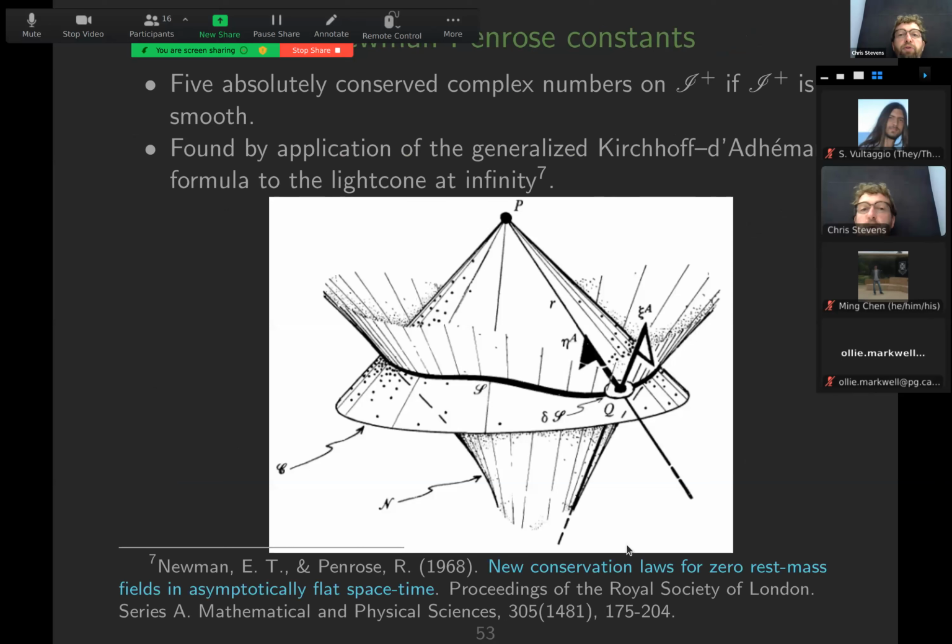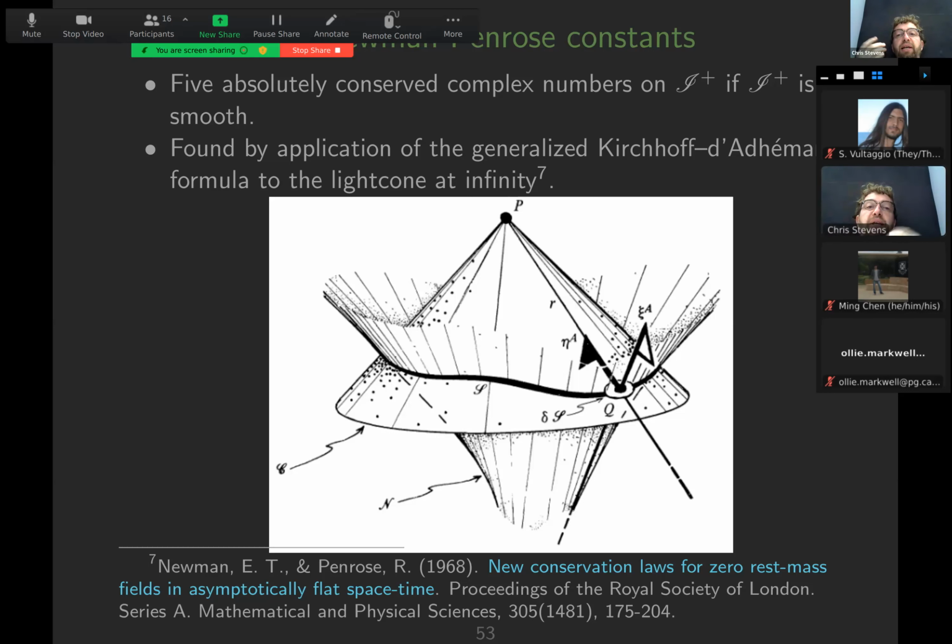The last thing I wanted to talk about was what Alex did, and apologies to Alex because I've got about a minute to explain what he did last year. But what's really cool is if you take a slice of null infinity, which is topologically a sphere, we won't have a unit sphere, we'll have, I like to say, a potato. It's going to be a wiggly sphere.